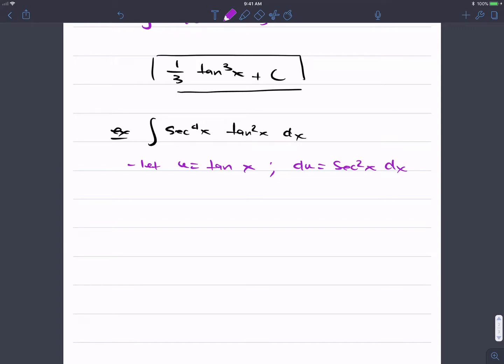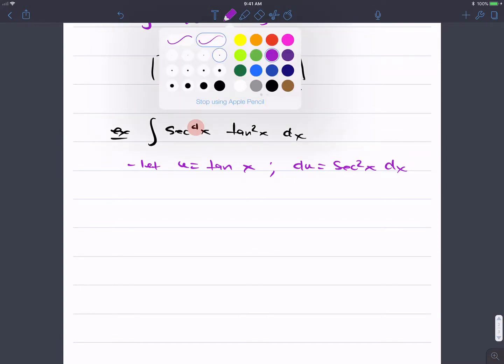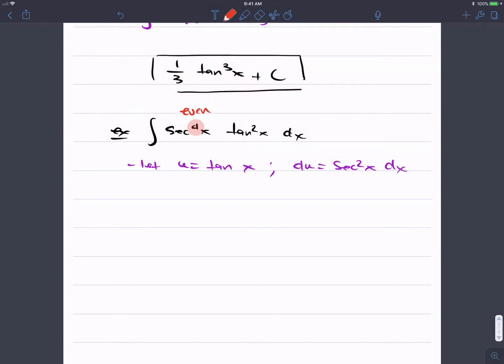Now, I don't have a secant squared here. I have my fourth power here, which is a nice even power, so we're going to go with this approach where u is going to be tangent and du is secant squared dx. But I don't have a secant squared here. So let's consider the fact that I have secant to the fourth x tangent squared x here for my integrand.